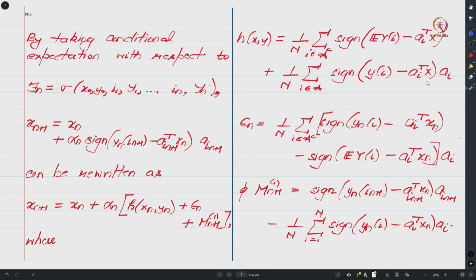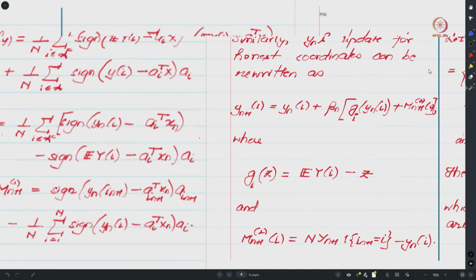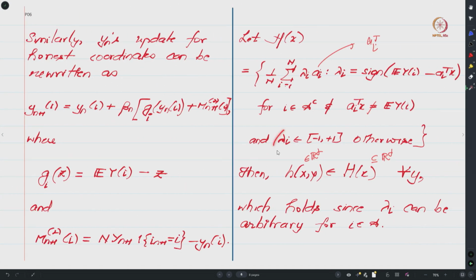In particular, if this quantity is negative, it will take the value -1, and if this quantity is positive, it takes the value +1, and if this is 0, then the sign expression can take any value. Is this okay? So keeping that in mind, and since we allow lambda_i to be any value between -1 and +1, one can check that h(x, y) belongs to capital H(x).